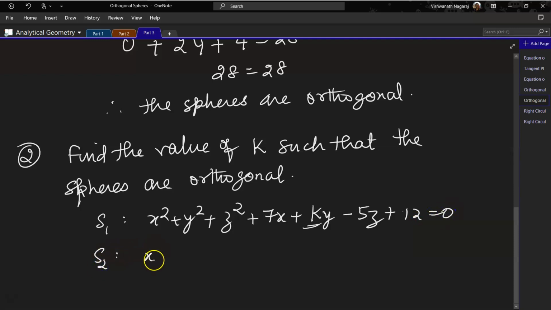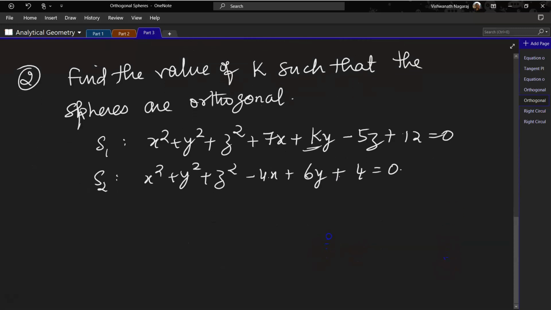And S2 is x square plus y square plus z square minus 4x plus 6y plus 4 equal to 0. So here z is not there. So as usual, let's figure out u, v, w of both these spheres.